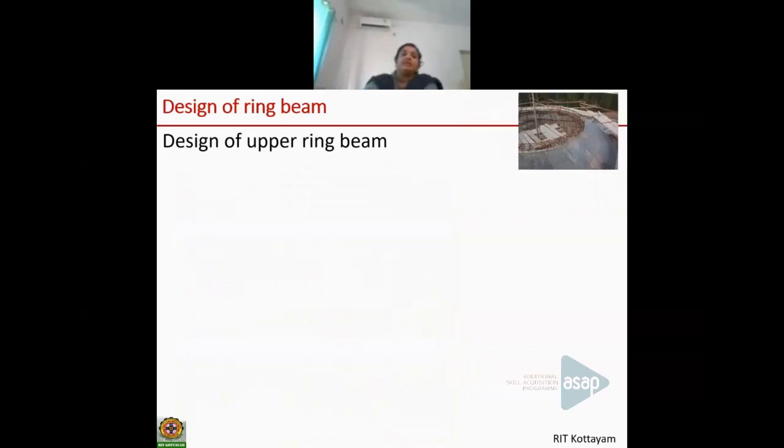Now coming to the design of upper ring beam. So why we need to provide an upper ring beam? It's something like this, right? So this is much exaggerated one. We will have a small opening there.